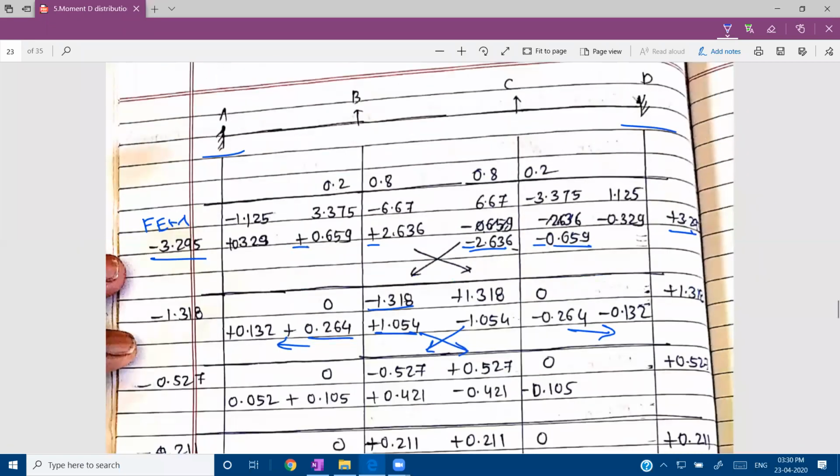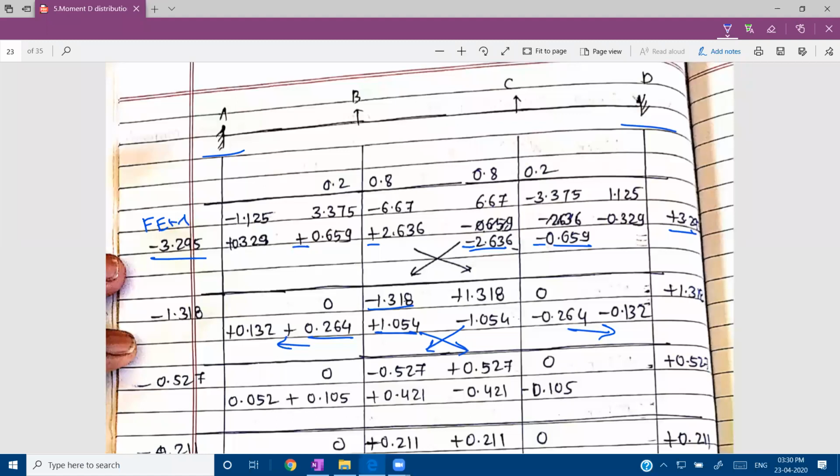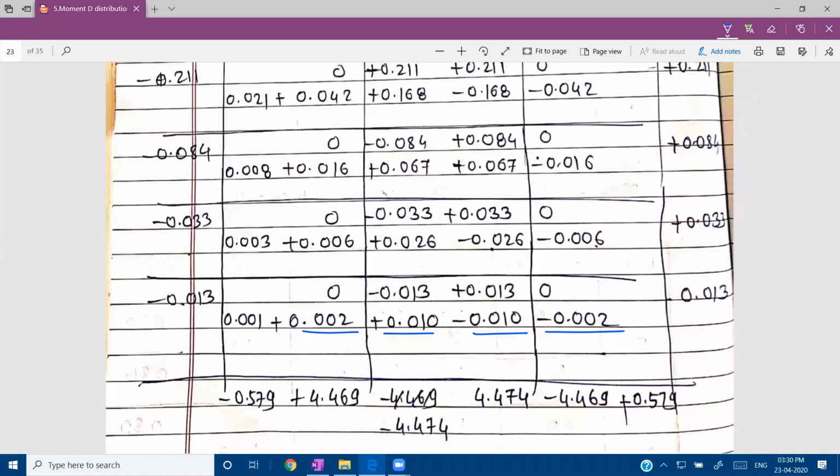I will just tell you one example for the BA member. From this 3.375 up to this point, if you take vertical summation, you get the value of 4.469, which is nearly equal to 4.47, and on the right hand side also we have the moment value as minus 4.47. For support A also you have to take vertical summation.